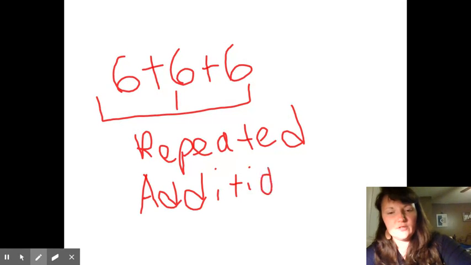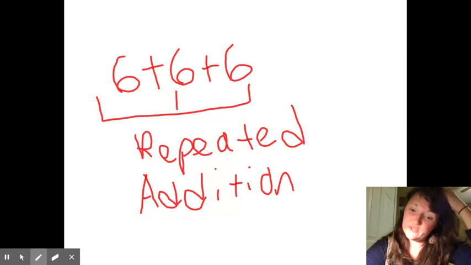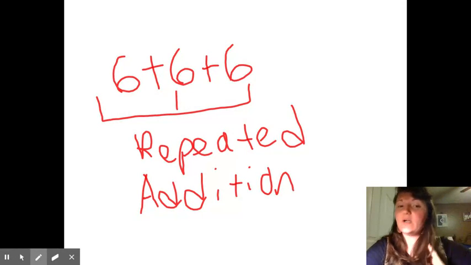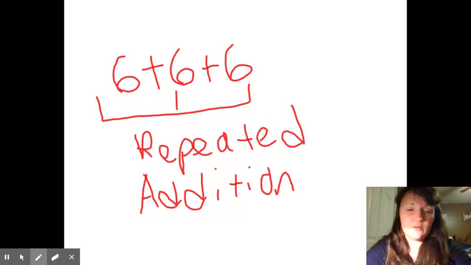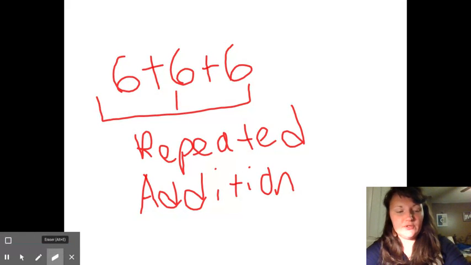Okay, so right now, that's called repeated addition. That's just something that I want you to think about for your future toolbox for stuff that you'll need for later on. Okay, now, it's not something you need right now, but it's fun to think about.